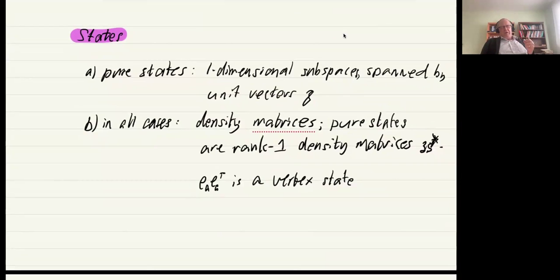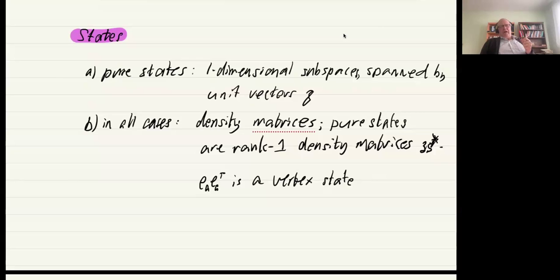Now, that is wrong. It is at best an equivalence class of unit vectors. So if unit vector Z represents a state, then (1+i)/root 2 times Z represents the same state. Multiplied by any complex scalar of norm 1, it represents the same state. So the state is really a one-dimensional subspace.